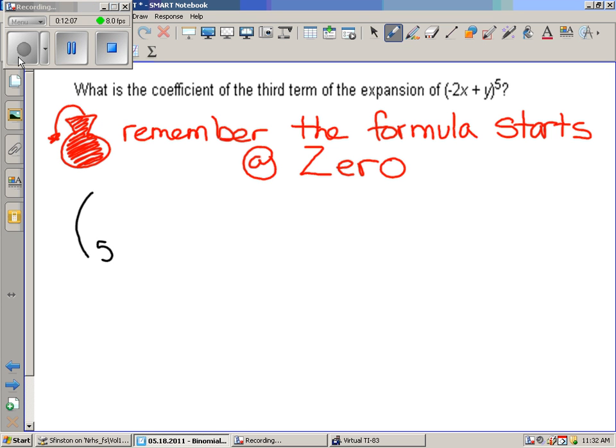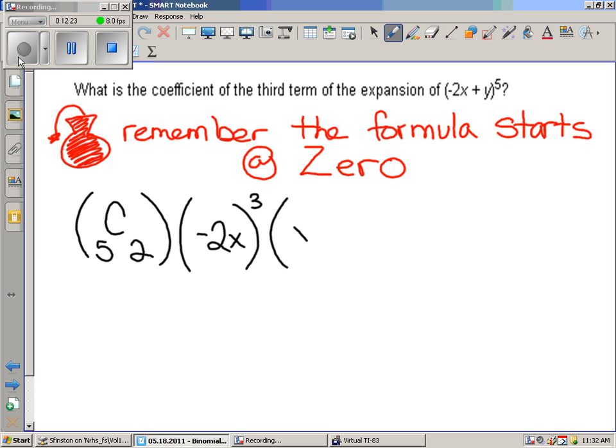So it's 5c2. Do you understand what I mean? X to the third, y squared. Because remember, this first one starts out as a 5 and slowly trickles down.